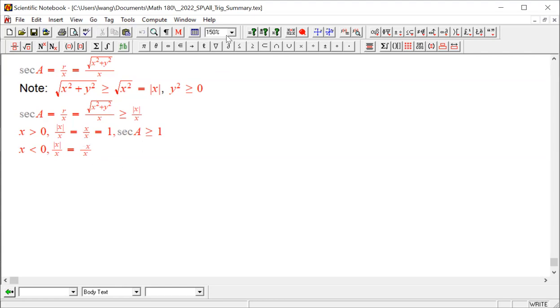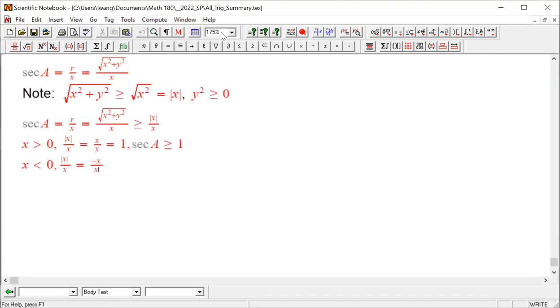Let me make the fonts larger. You should see there's a negative x here. So this is a -1. So in that case, secant A could be less than or equal to -1.